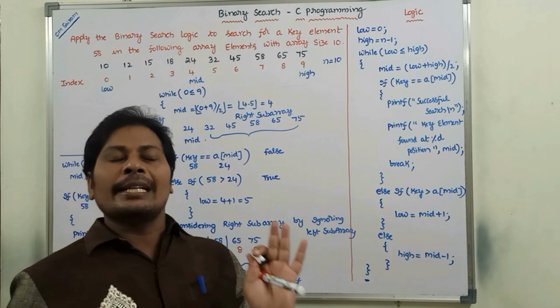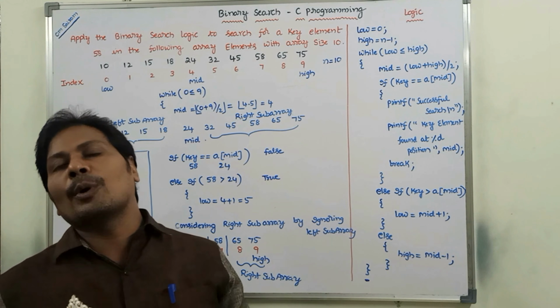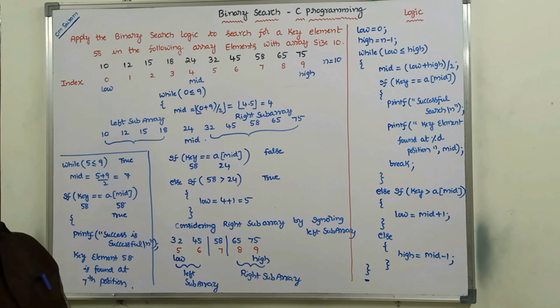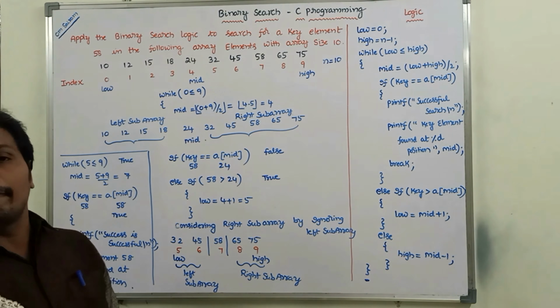If the key element is less than the mid value, we consider the left sub array by ignoring the right sub array. This procedure continues until our key element is found. So binary search is efficient because at a time half the sub array can be ignored and half considered. The number of comparisons is less when compared to linear search. Hence we can say that binary search can be done very fast.